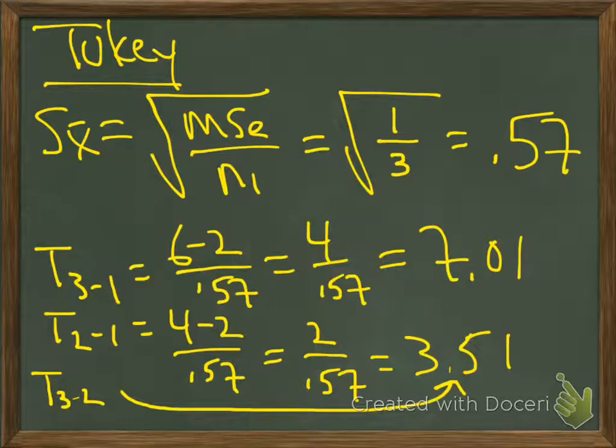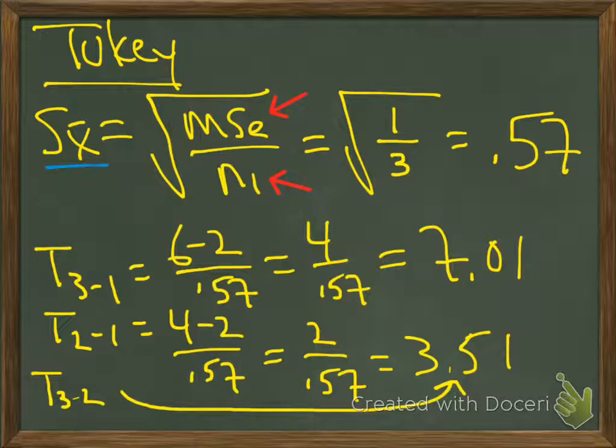So you got to find a standard error for the denominator of the Tukey test, and that is the MSE, the mean square error, which we calculated before, divided by N. And what that N means is the number of cases in a single group.